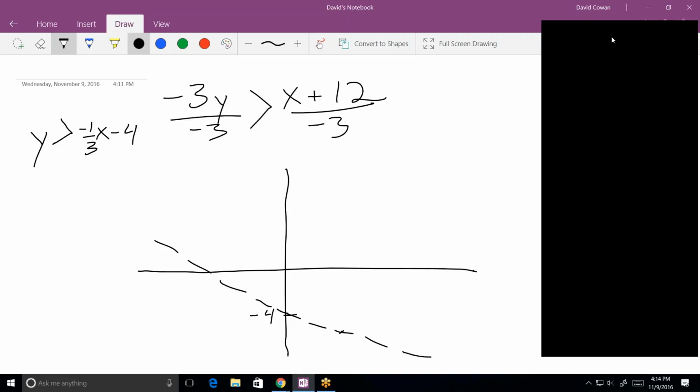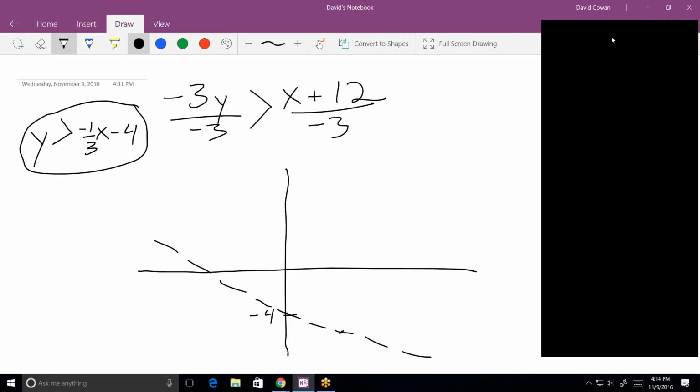Which side do I shade, looking at this picture? So y is greater. When you're trying to figure out which side to shade, always look to the y-axis, not the x-axis. Your answer should always be above or below, never right or left.